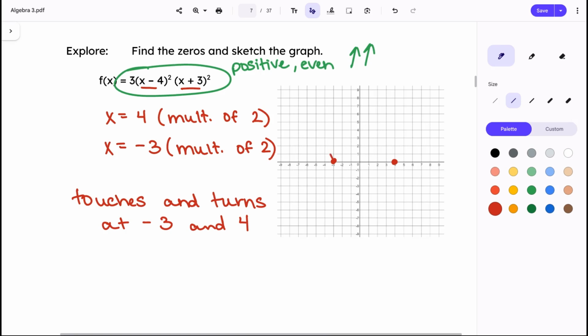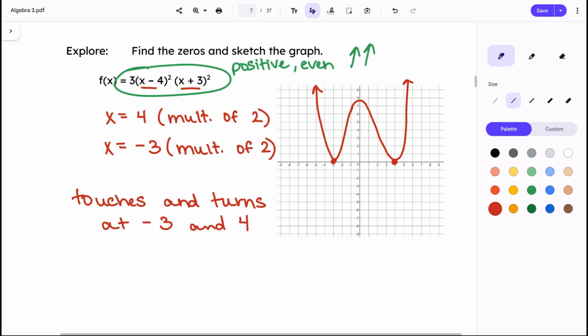So the graph on the left-hand side is going up forever. When it came down to -3, it touched and then it turned directions. It does not continue to go down below. It starts to go back up. And then it has to come back down and touch and turn at 4. So it went up for a little bit and then it came back down. It touches and turns and then it goes back up. Kind of looks like a W.